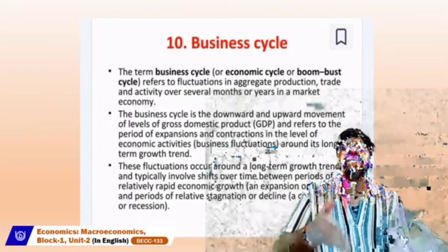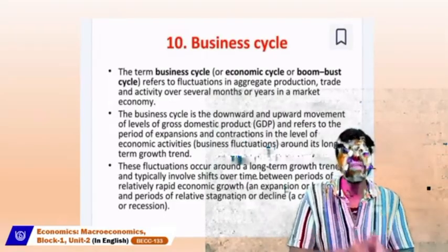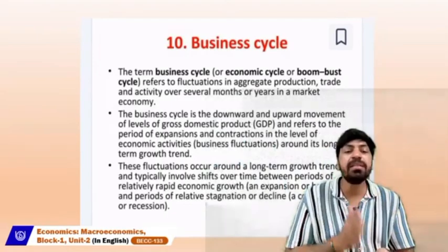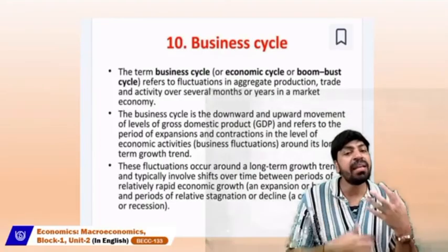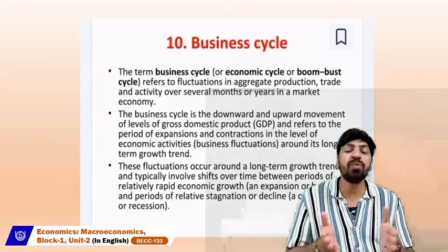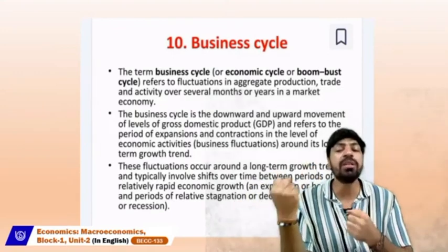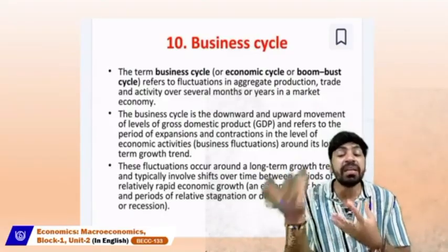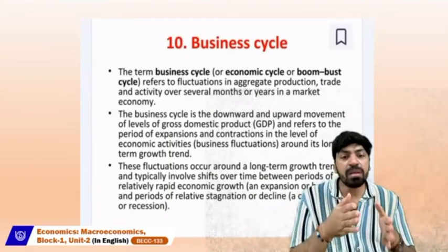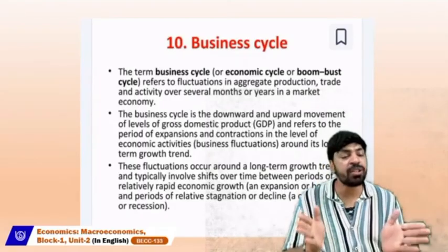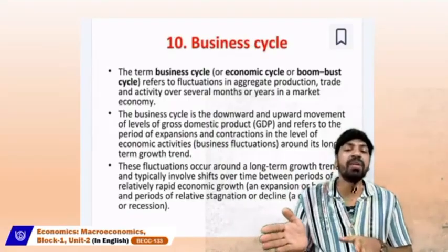The periods of expansion and contraction totally depend upon the level of economic activities, and that is ultimately called business fluctuation, depending upon situations like inflation, deflation, hyperinflation, and recession.